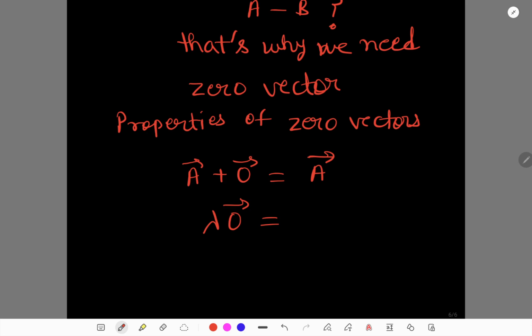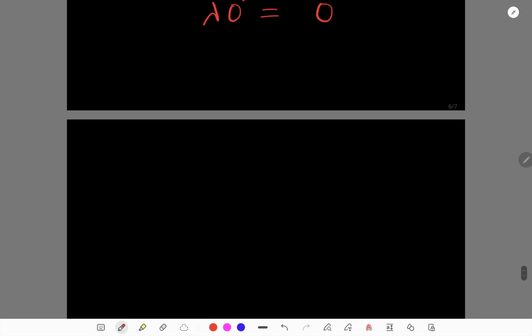If we multiply any scalar number with the zero vector, we get a zero vector. When we multiply a vector with zero, we get a zero vector.